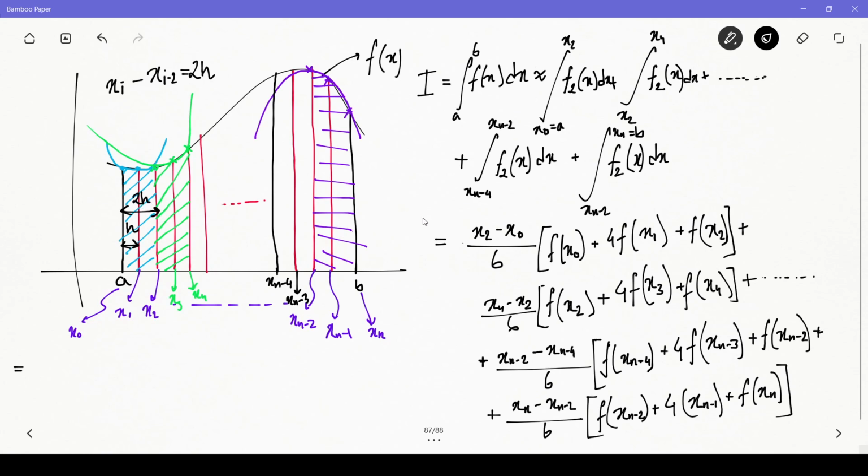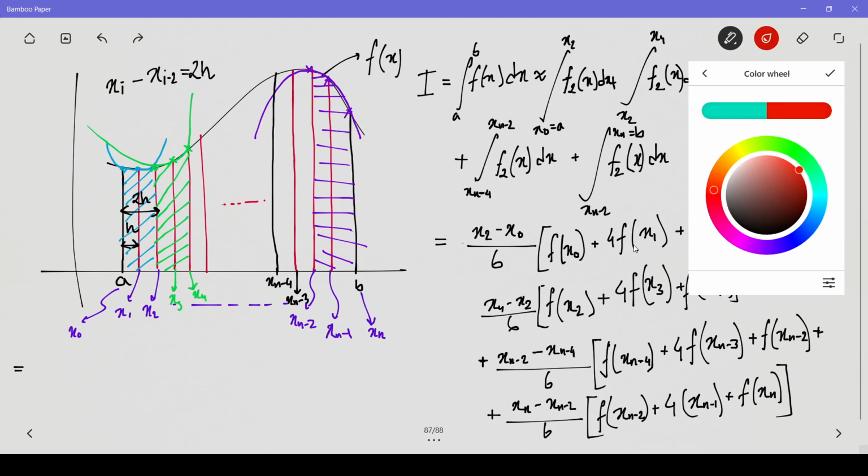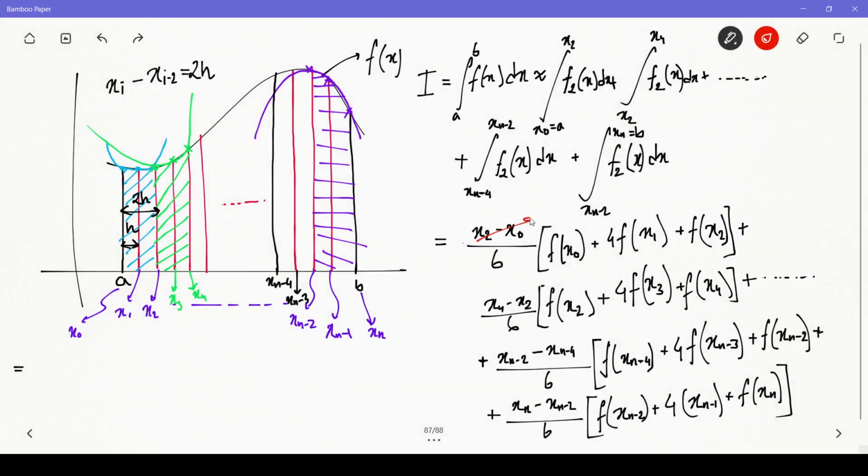So we can replace x2 minus x naught with 2h. We can replace x4 minus x2 with 2h. We can replace x sub n minus 2 minus x sub n minus 4 with 2h. We can replace x sub n minus x sub n minus 2 with 2h, right?